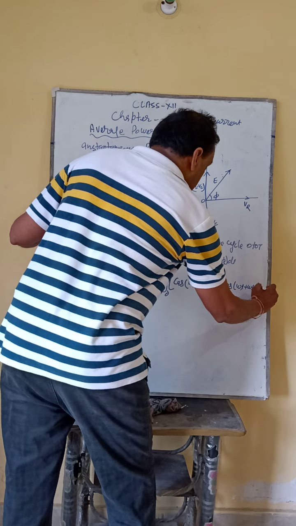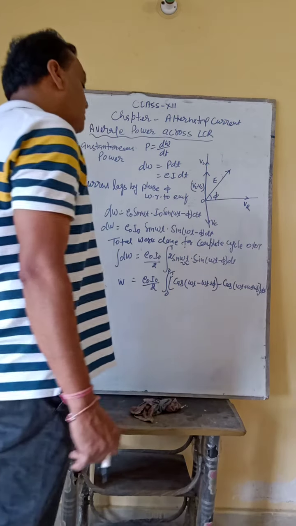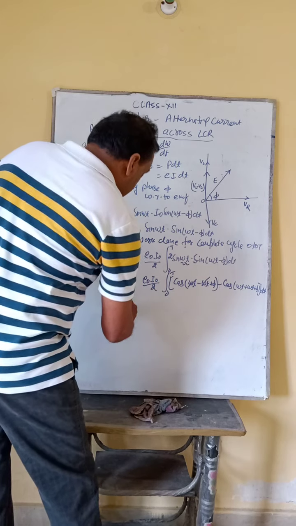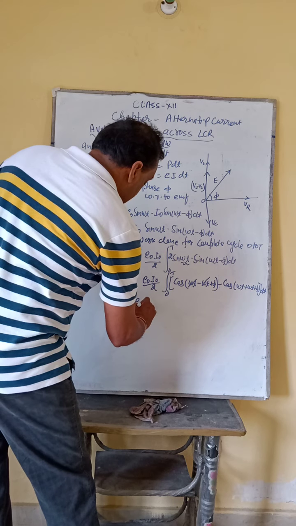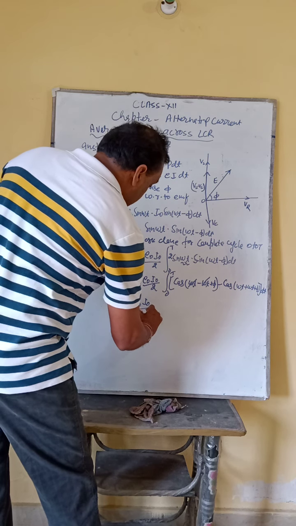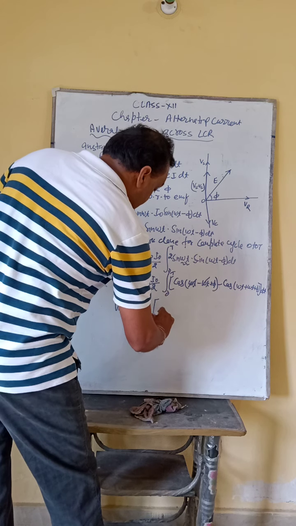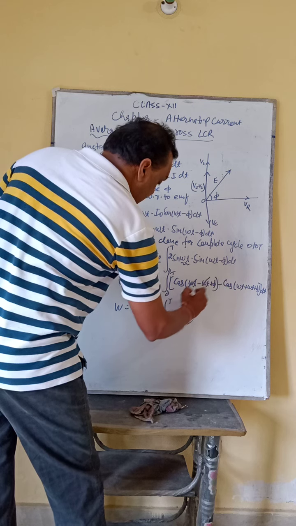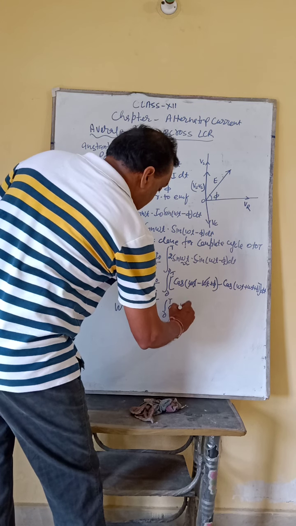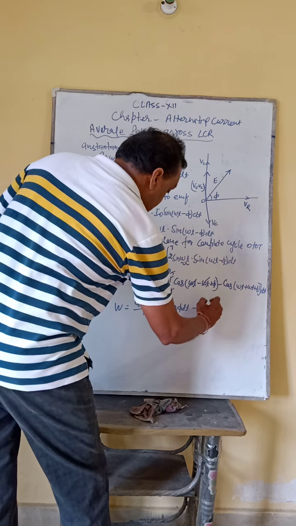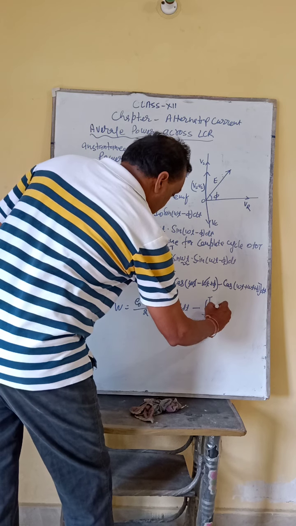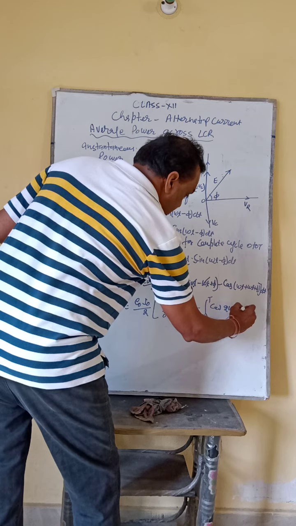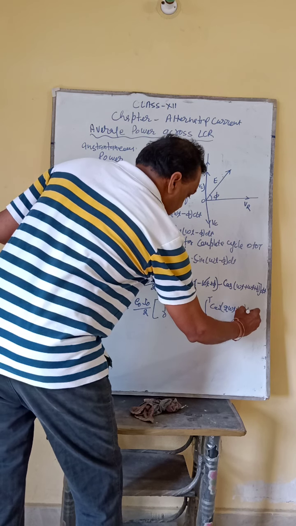Okay, this is the formula we have applied. So what happened: omega t and omega t cancel, so the work done will be E naught I naught by 2, and here make it separate, integral from 0 to t of cos phi dt, minus the integral from 0 to t of cos(2 omega t plus phi) dt.